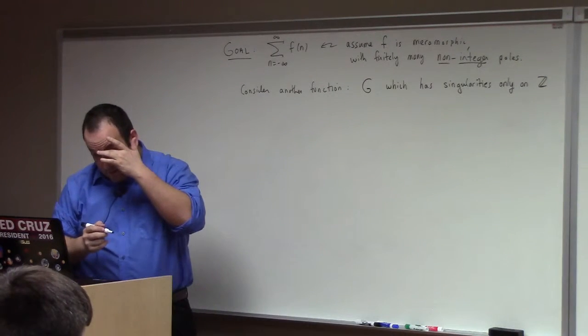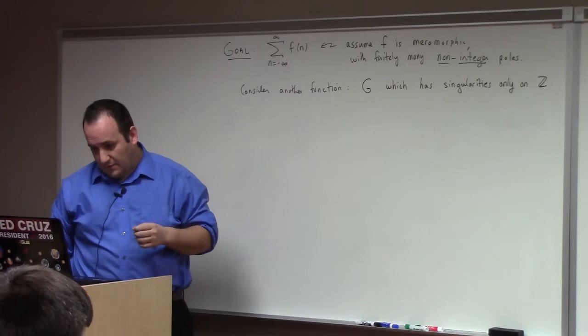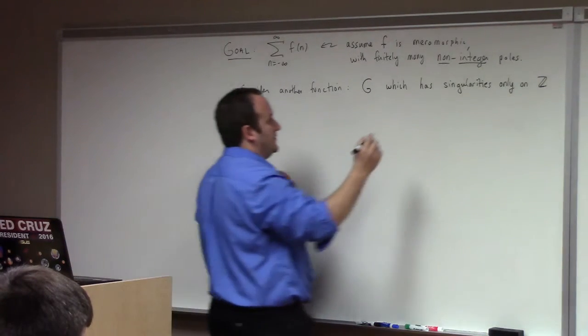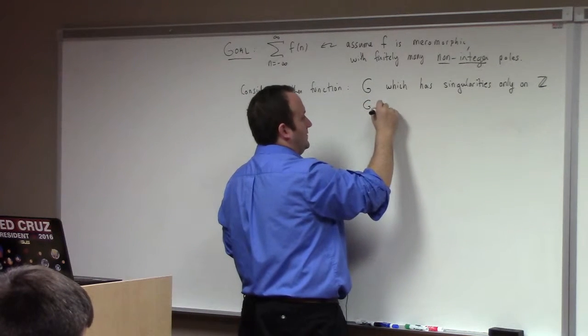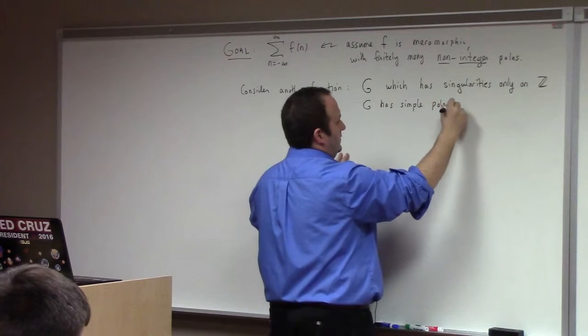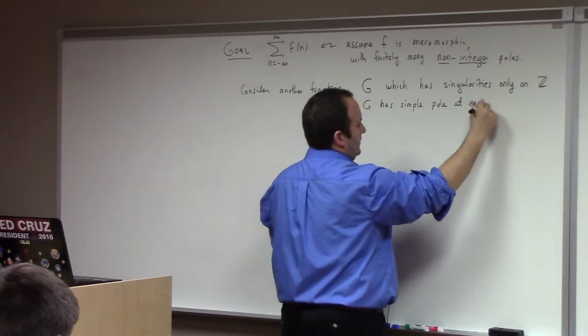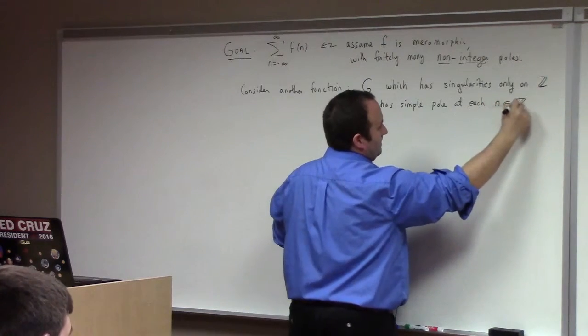In particular, I think I want it to have simple poles. To be more specific, actually, G has a simple pole at each z, well, let's say n in the integers. All right.